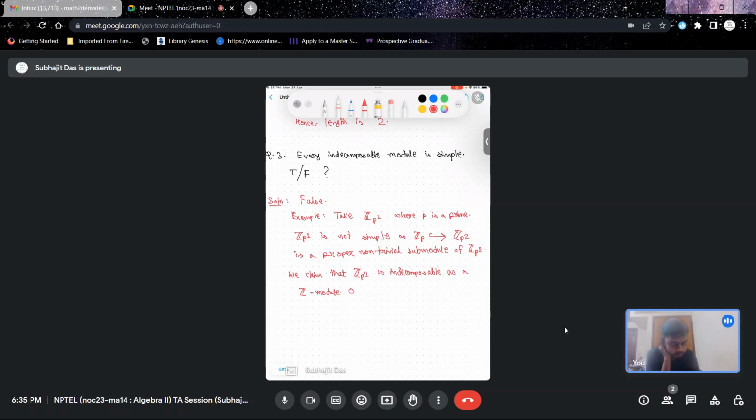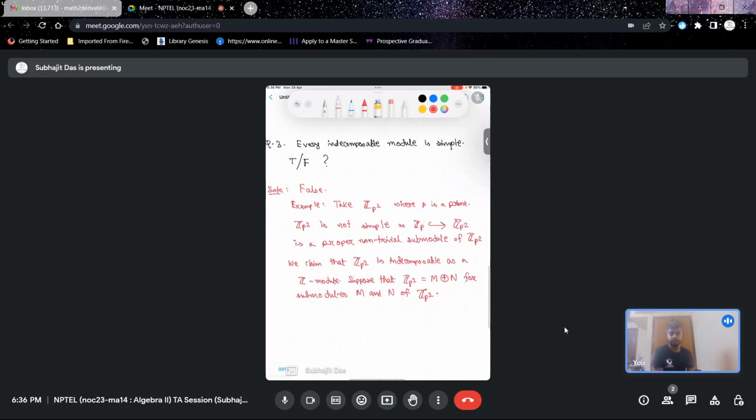So suppose that Zp square can be written as a direct sum of two submodules, let's say M direct sum N, for submodules M and N of Zp square. Now why can't this be true? Why can't this be true?